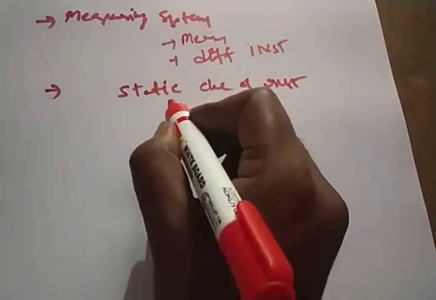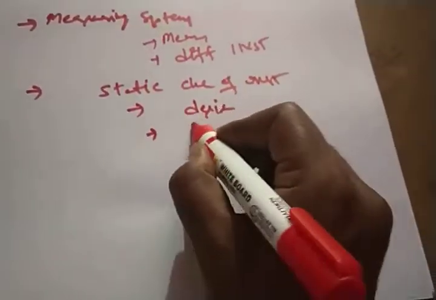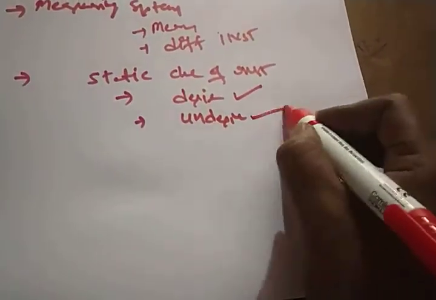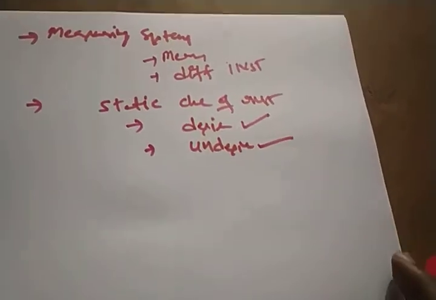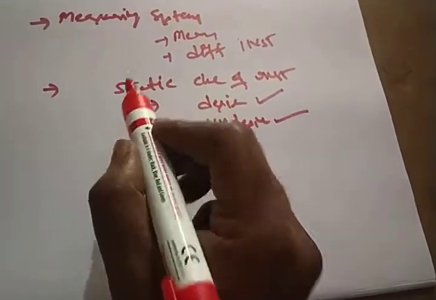So what are the different types of static characteristics? There are two types: desirable and undesirable. Desirable means sufficient. Undesirable means we don't want these types of characteristics in any instrument. So what are the desirable static characteristics?